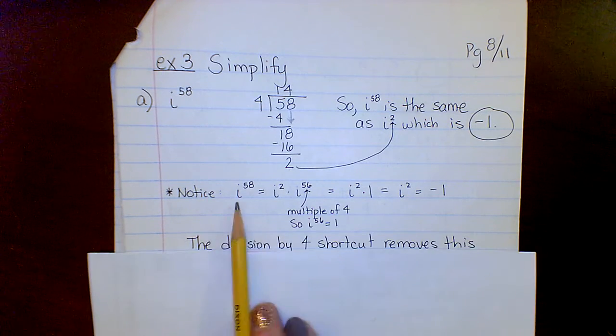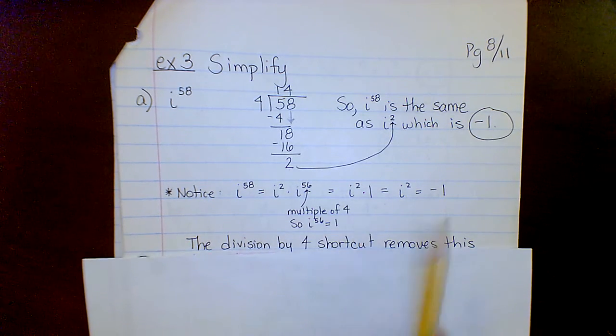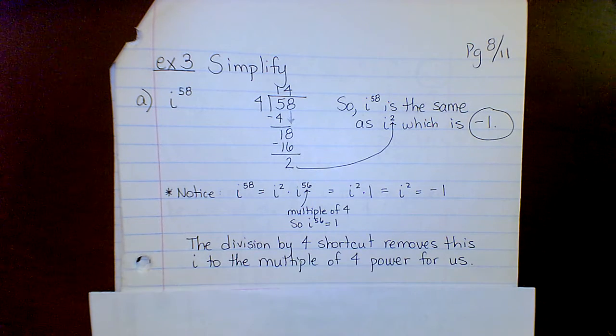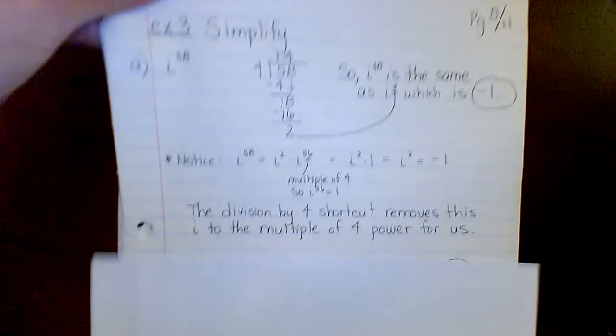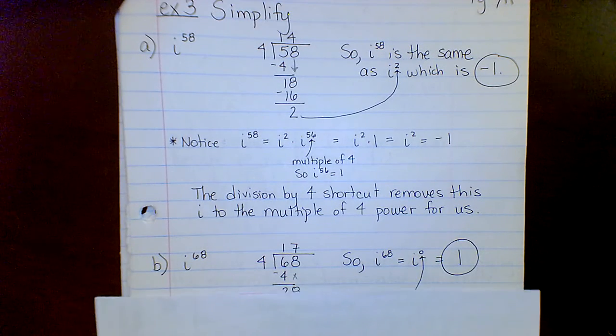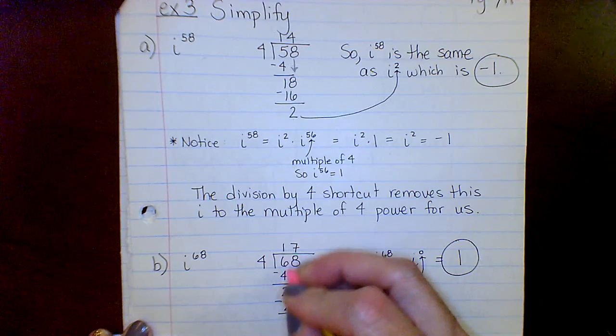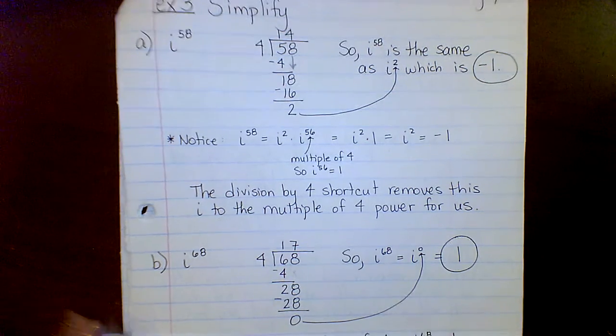Now, if you wanted to do it the way that I mentioned earlier, you can, but you certainly don't have to. I just wanted to point that out. The division by 4 is just removing the i to that multiple of 4 power and finding the remainder for us. All right, so 68. Let's divide 68 by 4.